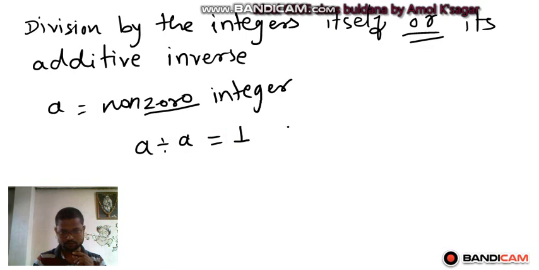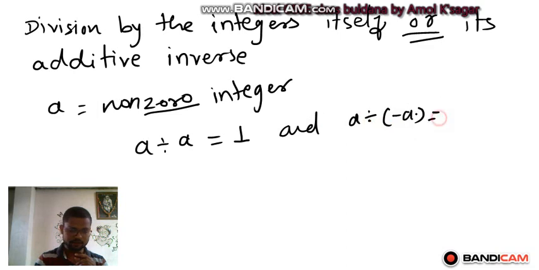And a divided by negative a, the answer is negative 1.